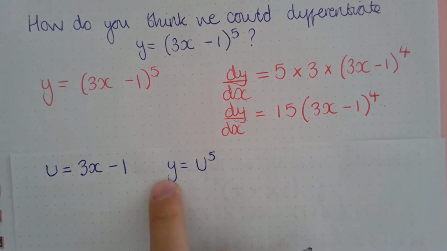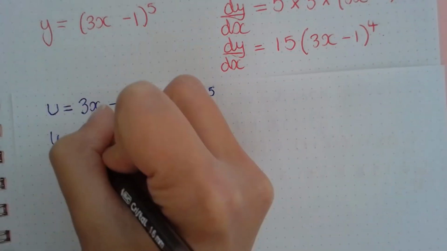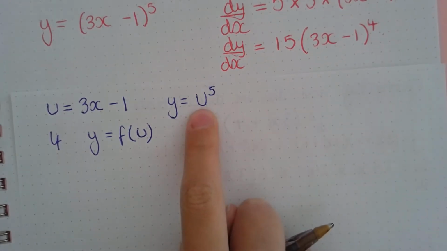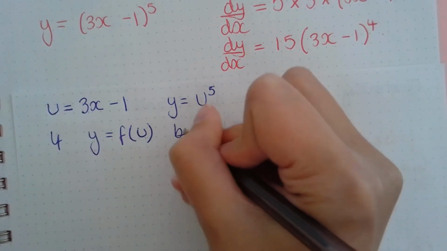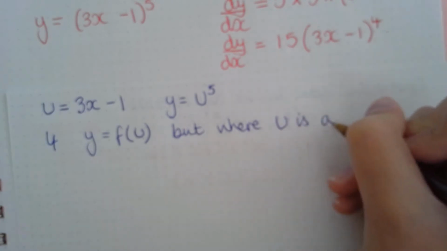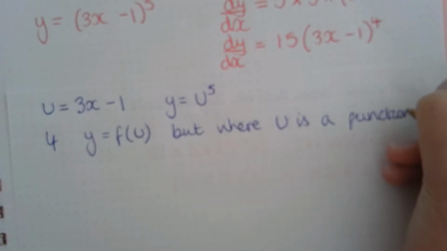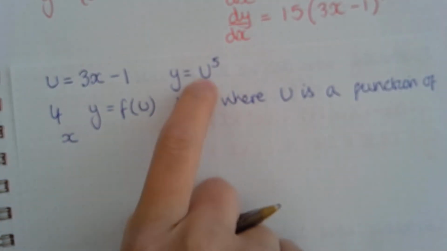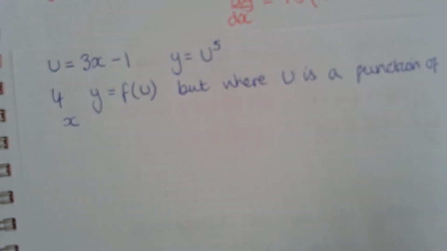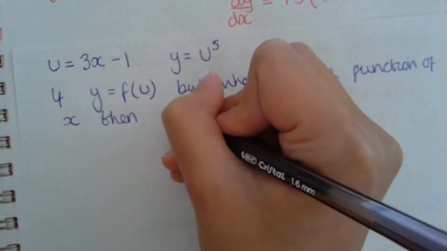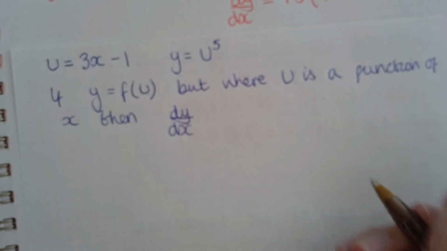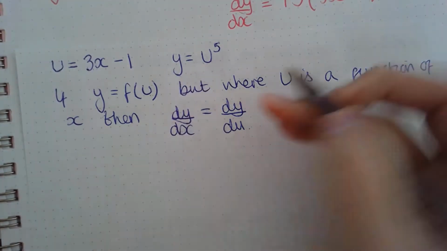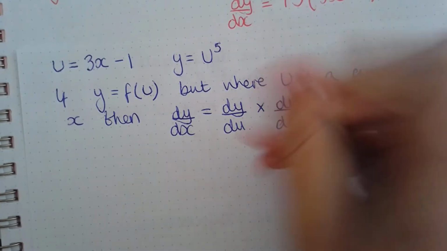So we know that if y is a function of u, where u is a function of x, so y is a function with u in it, where u is a function with x in it, then the differential of our original function is equal to the differential of y with respect to u times the differential of u with respect to x.